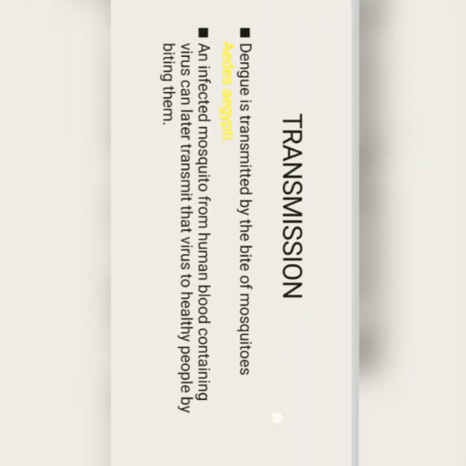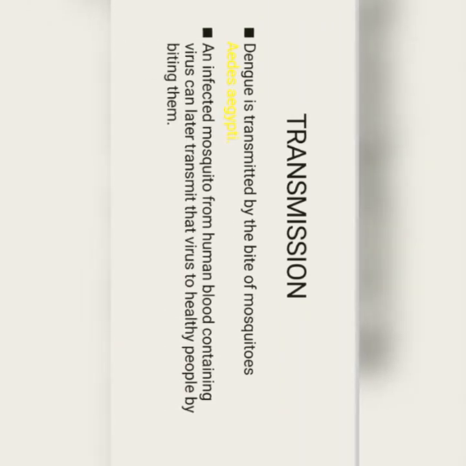Transmission. How can dengue virus transmit from one infected person to another? Dengue is transmitted by the bite of the mosquito Aedes aegypti. A mosquito infected by feeding on human blood containing the virus can later transmit that virus to healthy people by biting them.